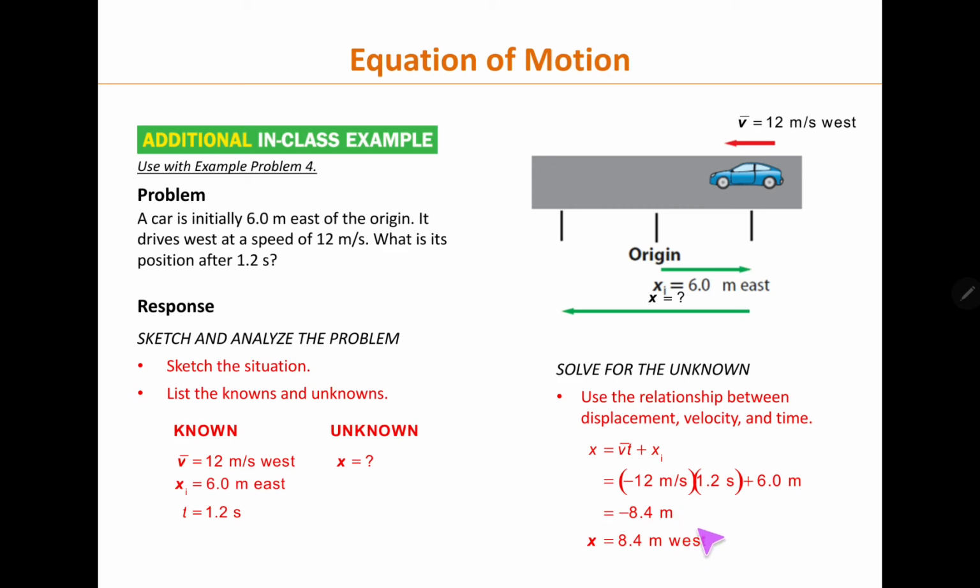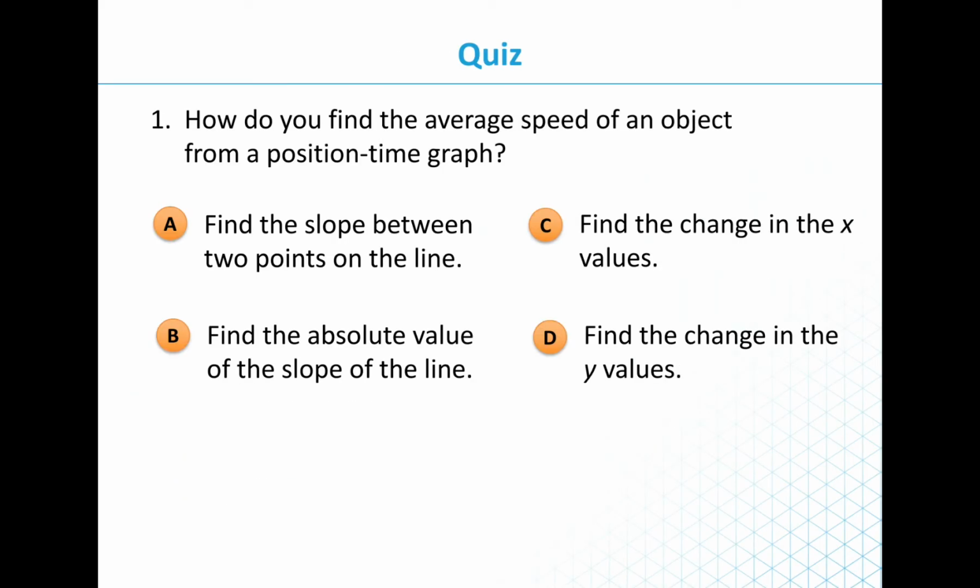If you mention the direction, that means the movement is in the minus direction, because here we have the direction in the west. This is the result for this problem, and with this problem we reach the end of the lesson.